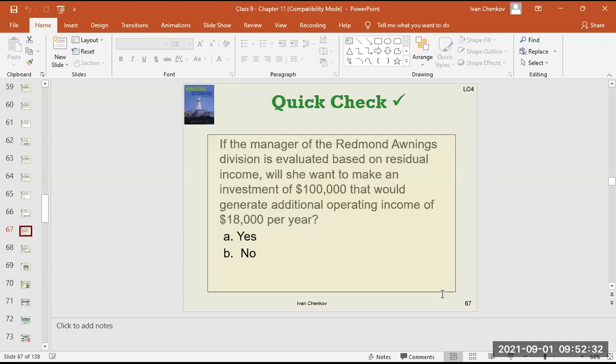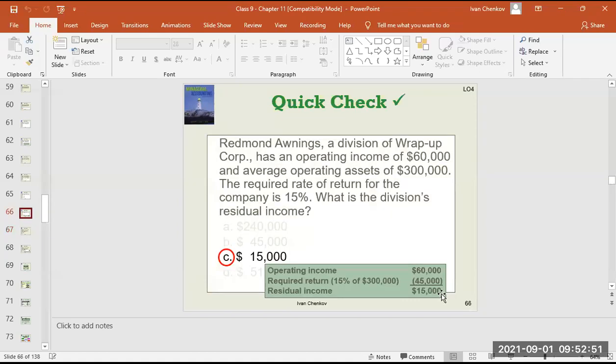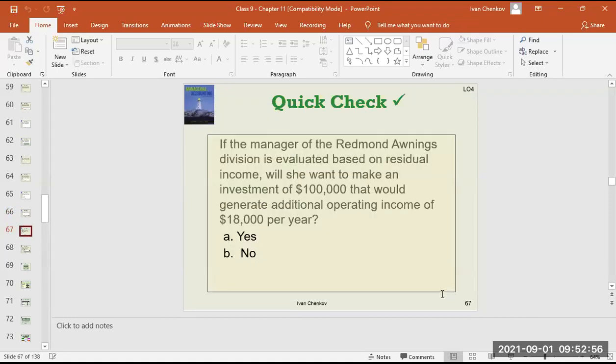So if the manager is evaluated based on the residual income, will she want to make the investment of 100,000?